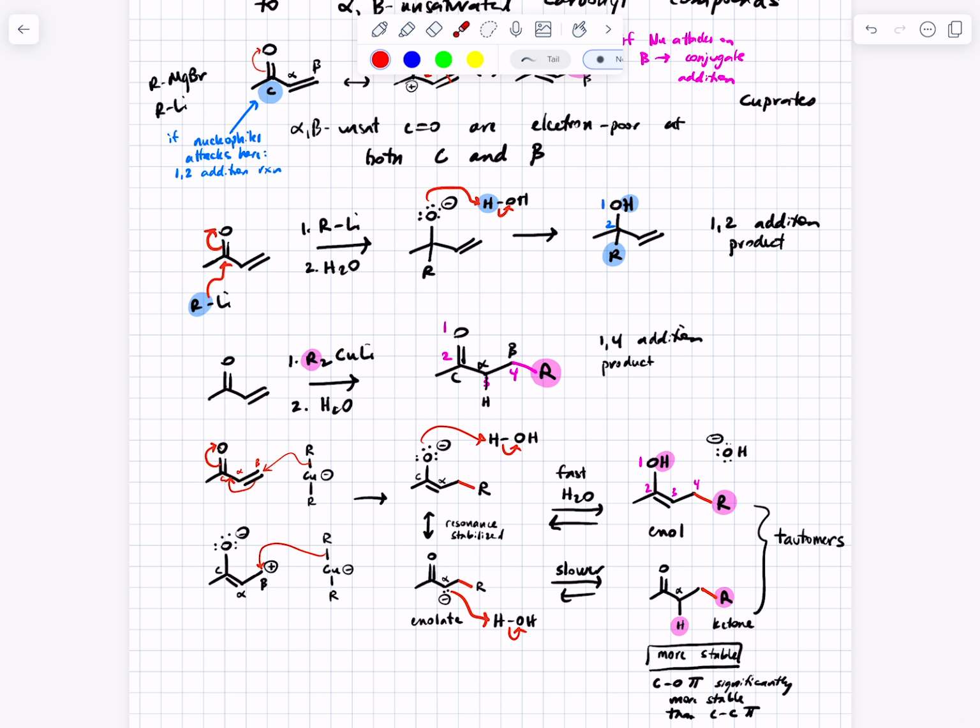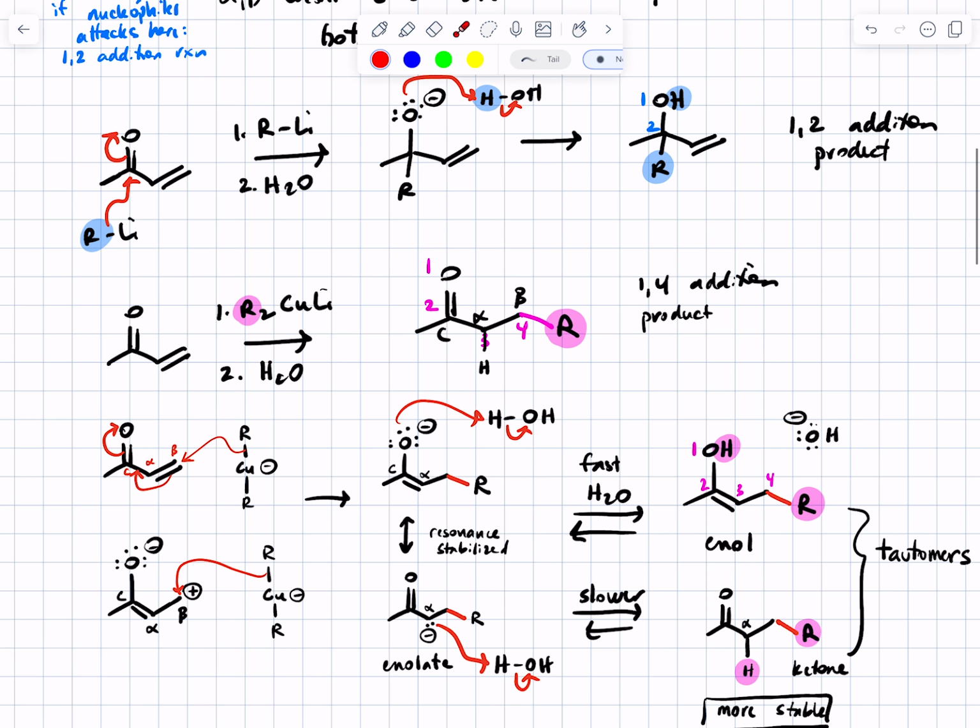So in the past little bit, among the details that we've had to memorize, there's not really any first principles that I've taught you that will tell you why cuprates can react with acid chlorides and stop at the ketones. So you've probably got to memorize that. There's also not any good first principles I can teach you so far to tell you why organolithiums and Grignards do 1,2 addition with alpha-beta unsaturated carbonyl compounds, whereas cuprates do conjugate addition at the beta carbon.